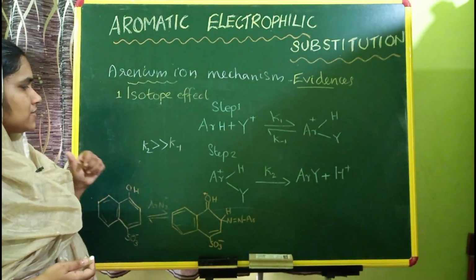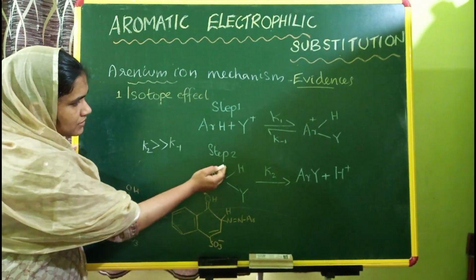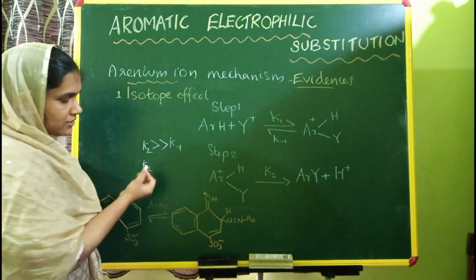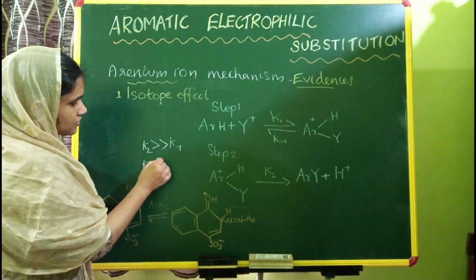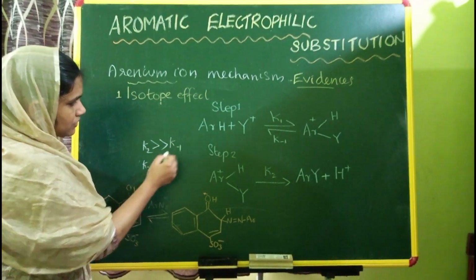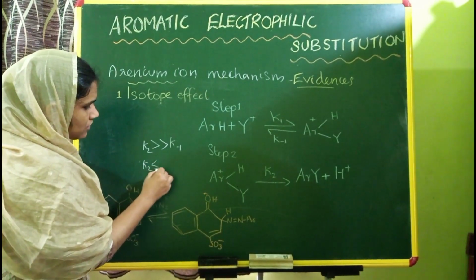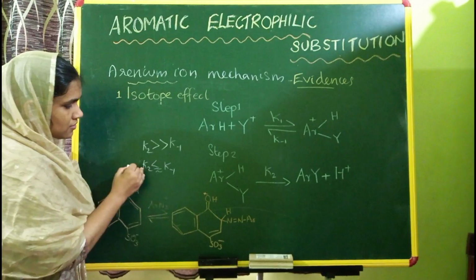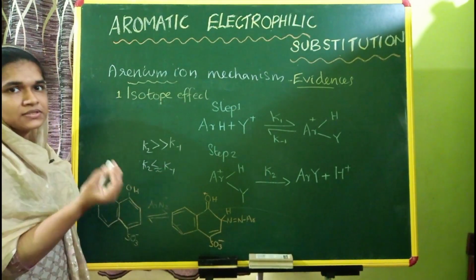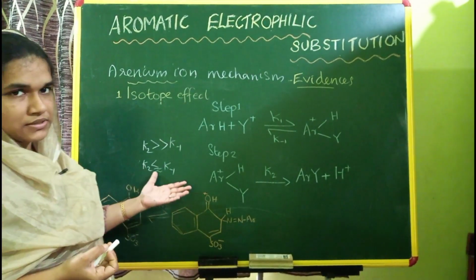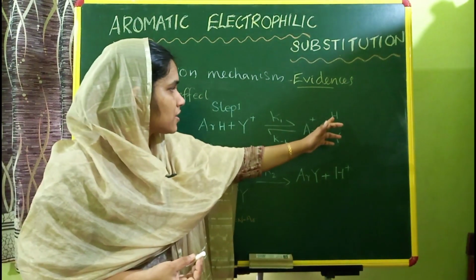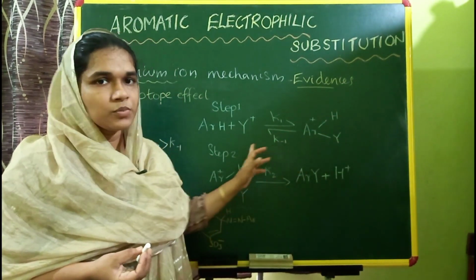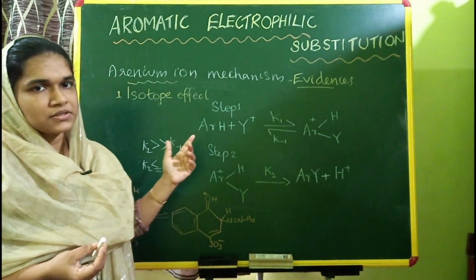But in some cases k2 is comparable to k inverse, or k inverse is greater. So there is considerable breaking of the C-H bond in this backward reaction also.